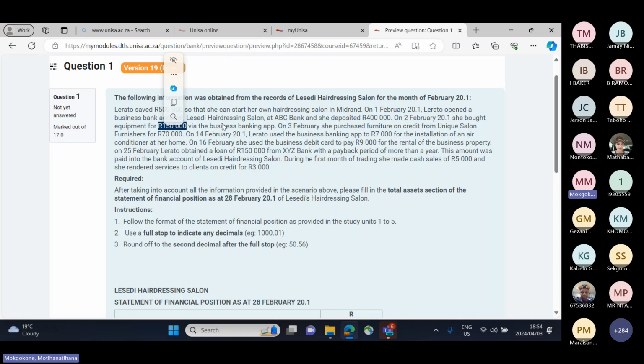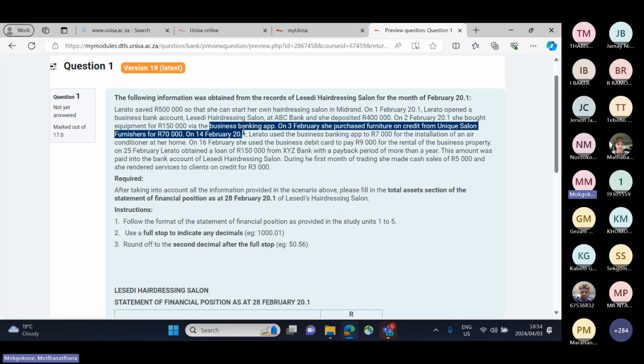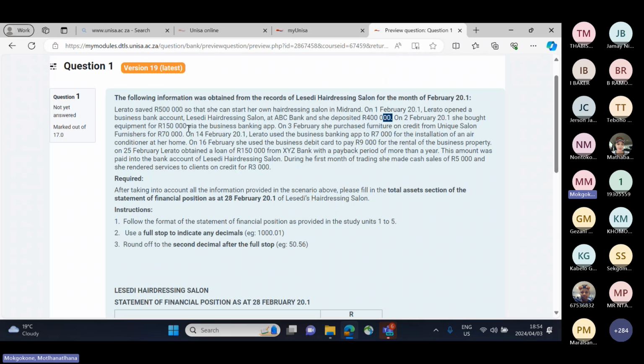She purchased via the business bank app, so the 400,000 in the business bank account reduces by 150,000. And remember, equipment is a non-current asset and will form part of your non-current assets, because I said total assets is current assets and non-current assets. This equipment will form part of your property, plant and equipment.